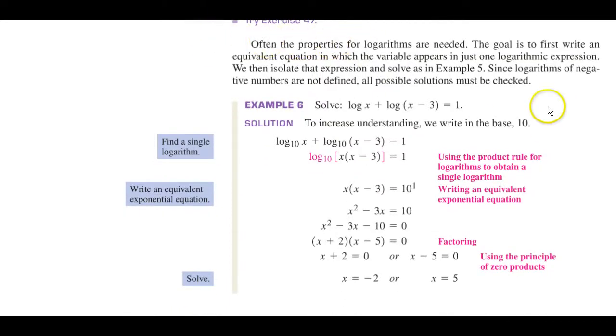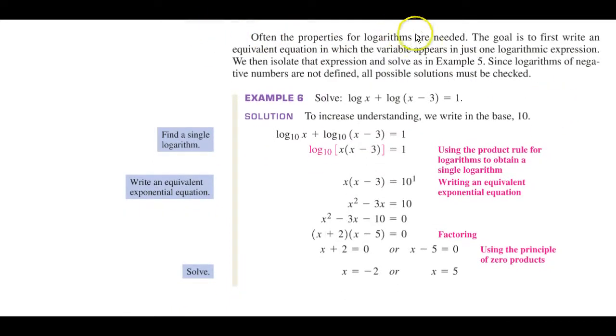Often the properties for logarithms are needed. The goal is to first write an equivalent expression in which the variable appears in just one logarithmic expression. Then we isolate that expression and solve as we did in example 5.